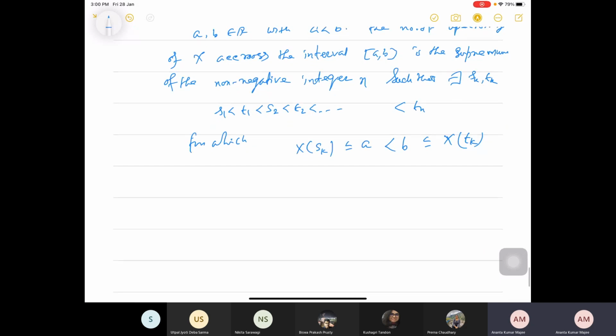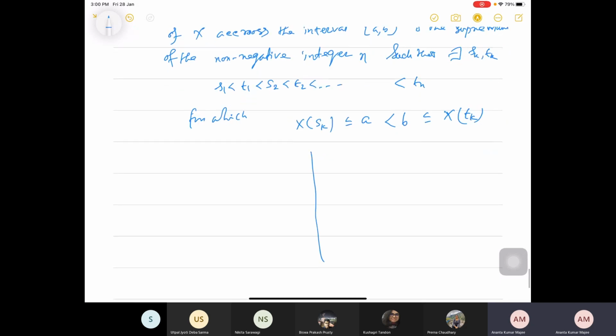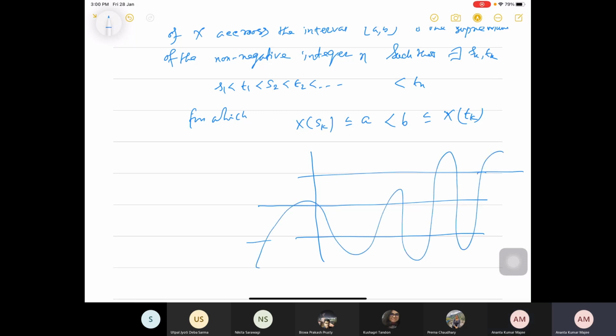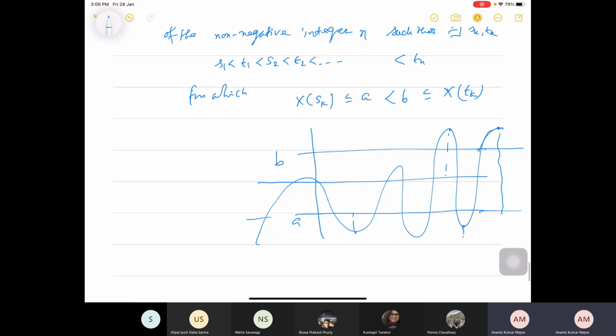So graphically, how it looks like: suppose this is line a and this is b, and now we have some kind of path here. Here it crosses one point, here it crosses one point, and so on.